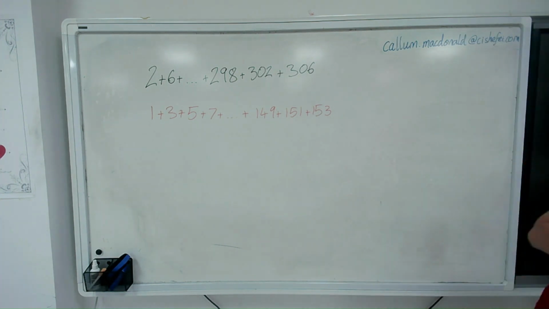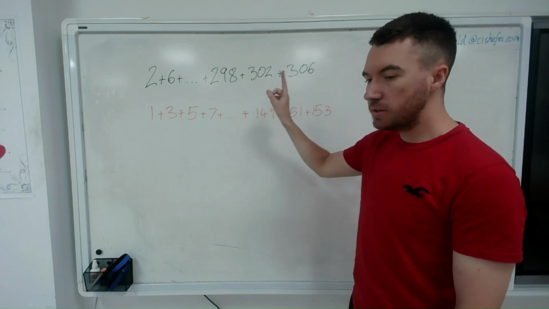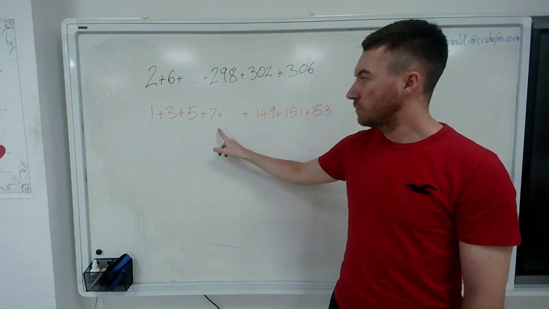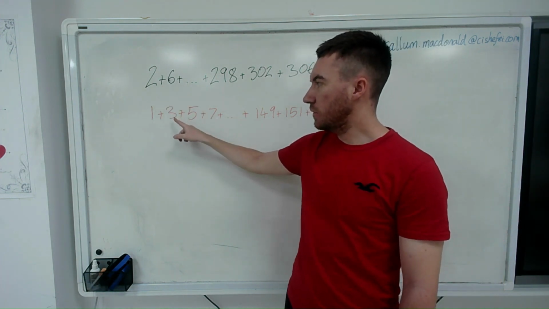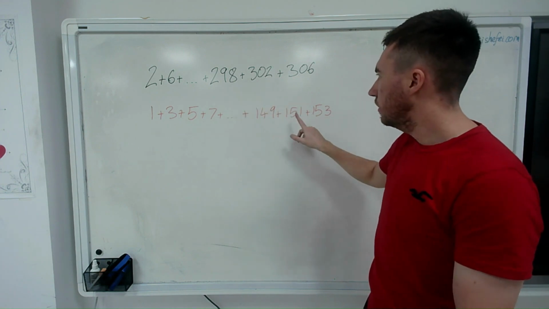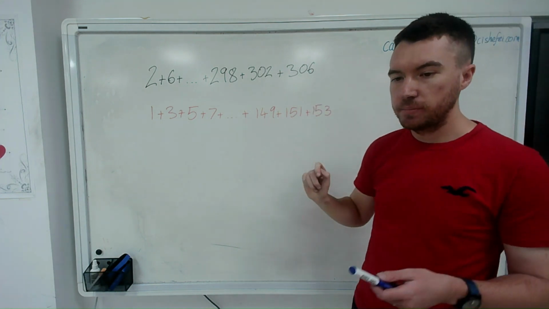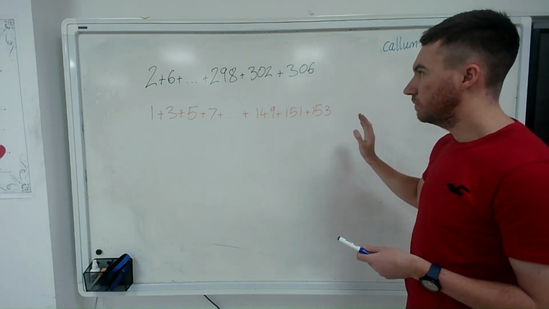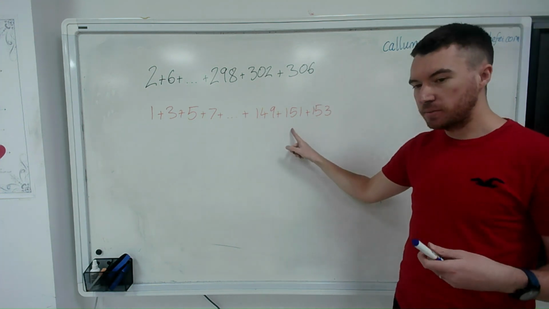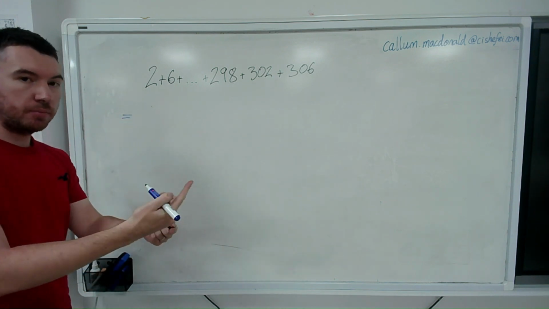Well, we will notice that actually every single term is 2 times bigger than this. 1 times 2 is 2, 3 times 2 is 6, 149 times 2 is 298, 151 times 2 is 302, 153 times 2 is 306. Okay, so we can write this as 2 times this. And I'm going to write this in terms of our old one with 2 times each term.